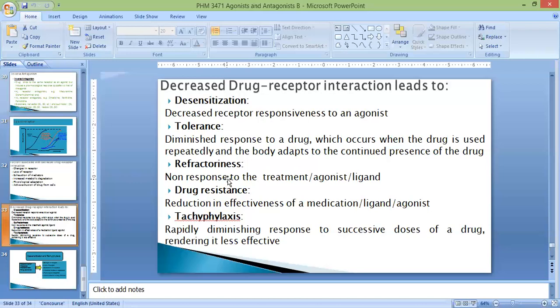I have a question. As much as tachyphylaxis and tolerance are the same, one is rapid and the other is over a period of time. But I think with tachyphylaxis, as much as you increase the concentration, it won't make any difference.